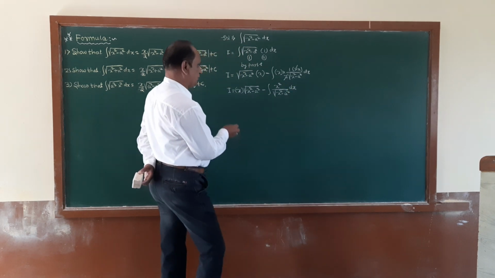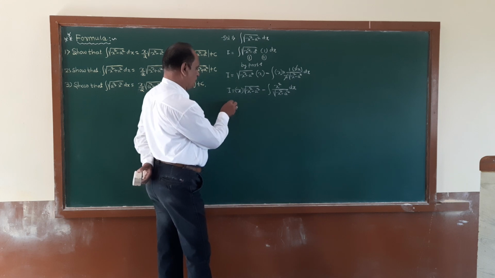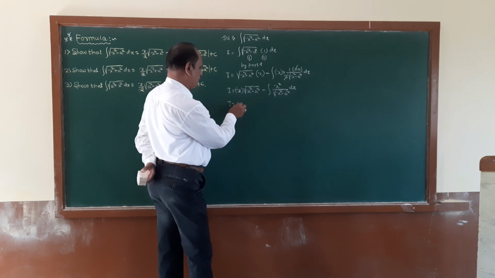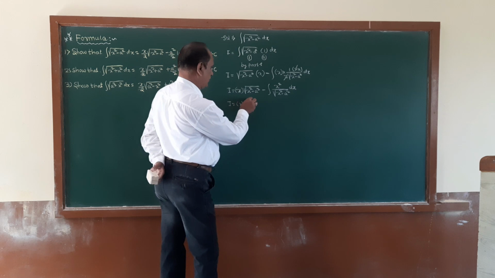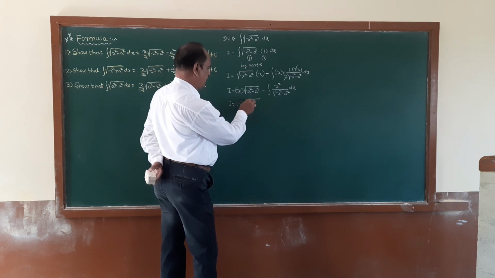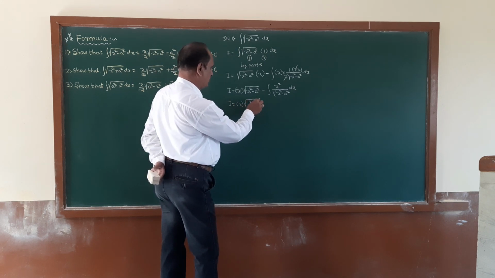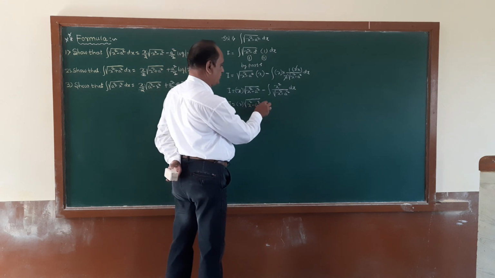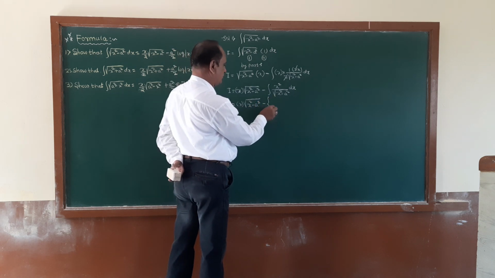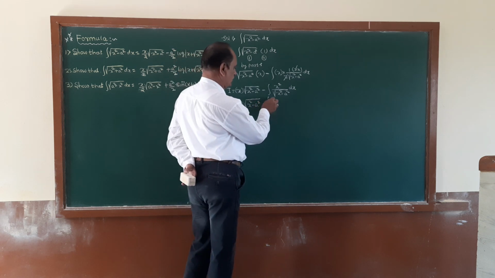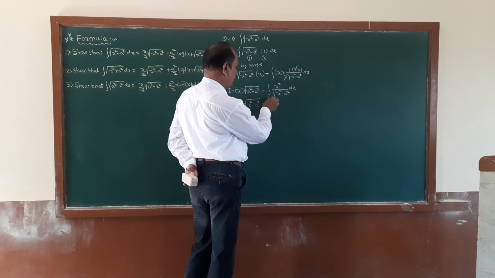Then come to the next step, an important step. I is equal to x as it is into the square root of x square minus a square, inside the flower bracket. So integral of, make a fine arrangement.